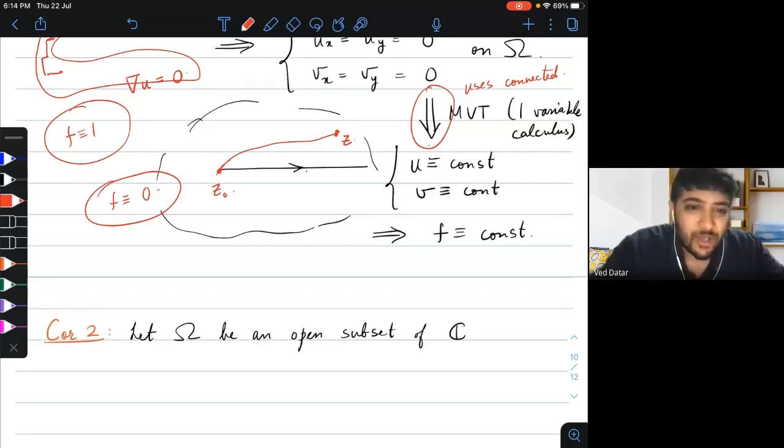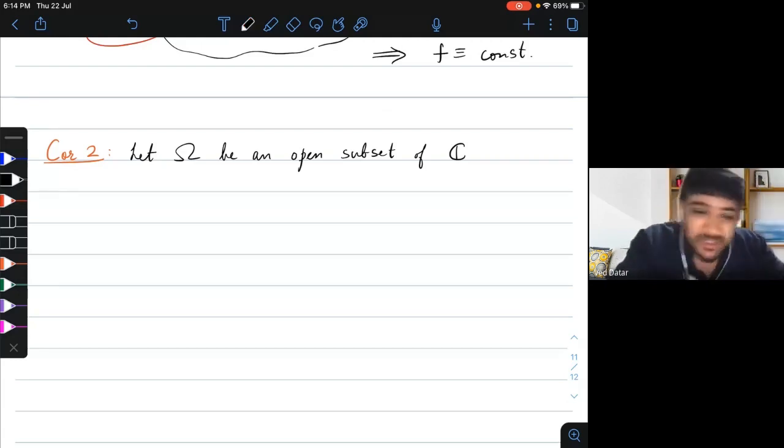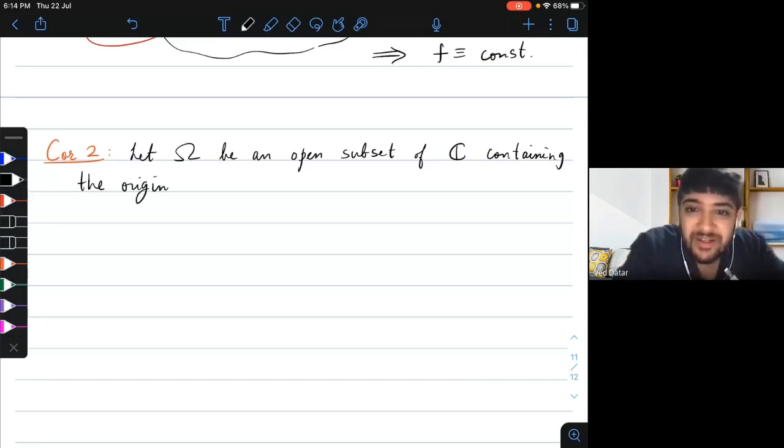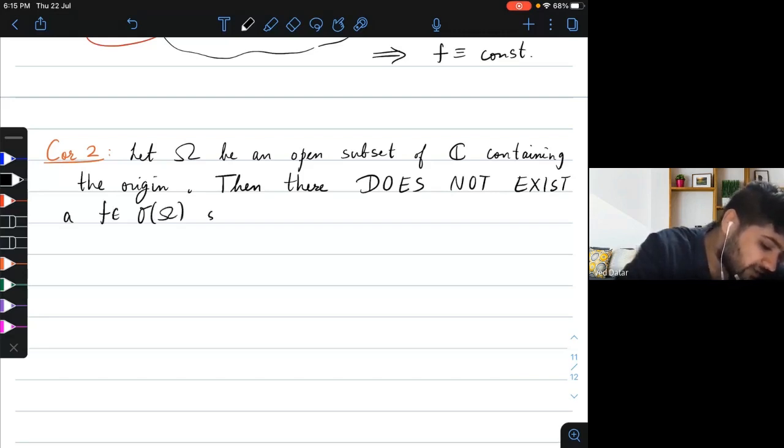Okay. All right. So moving on to the next corollary. Suppose you take an open subset of C containing the origin. Then my claim is that there does not exist a function f which is holomorphic on omega such that the exponential of f of z is equal to z for all z.